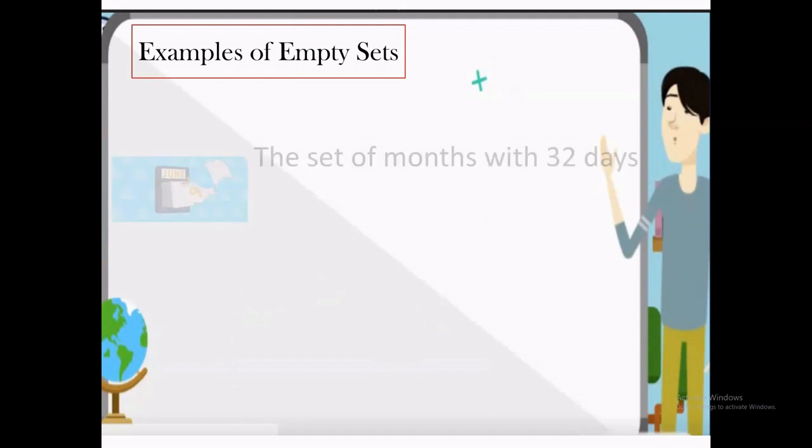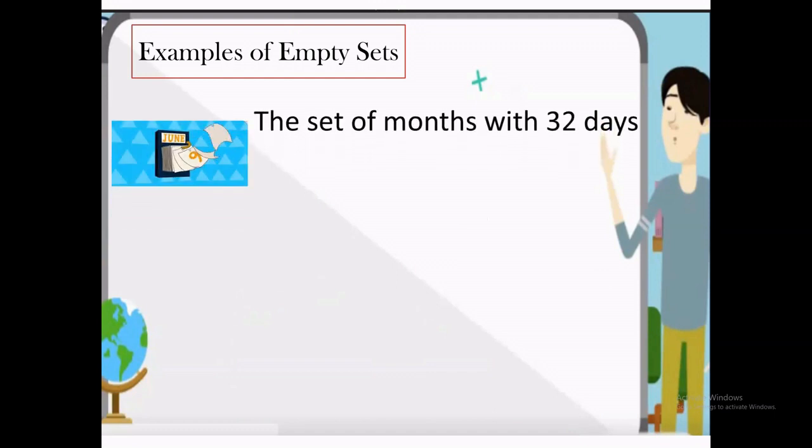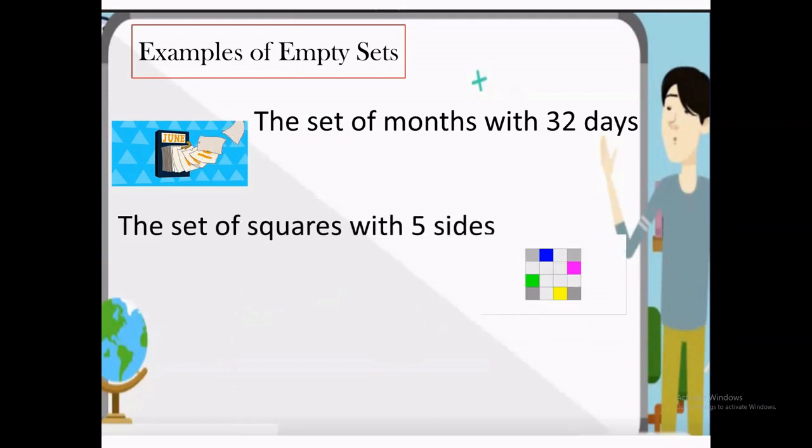Examples of empty sets: the set of months with 32 days. That is an empty set because we don't have a month with 32 days. A set of squares with 5 sides.